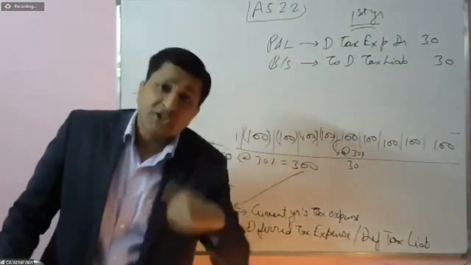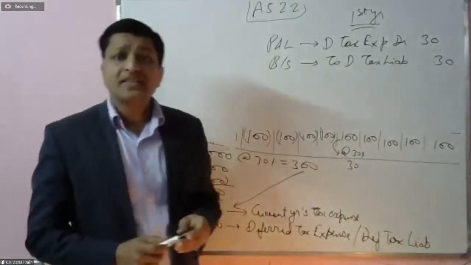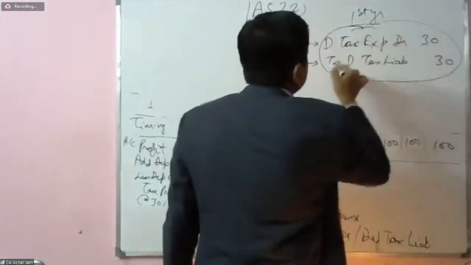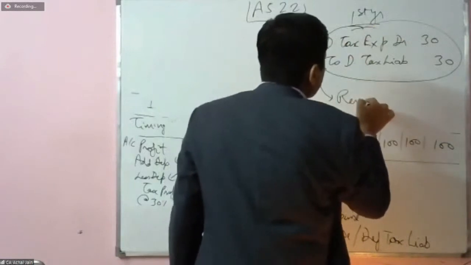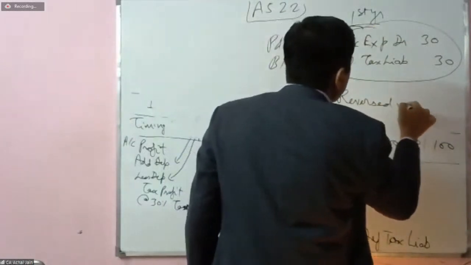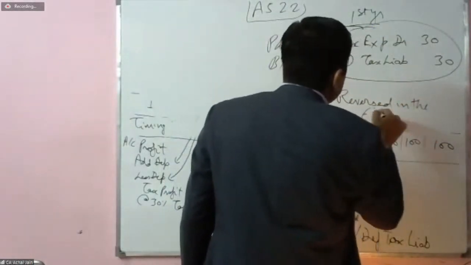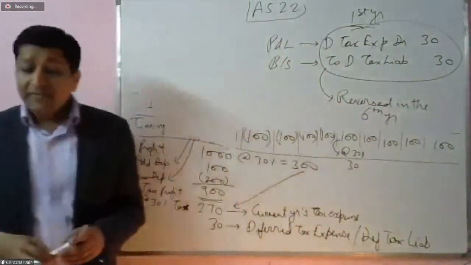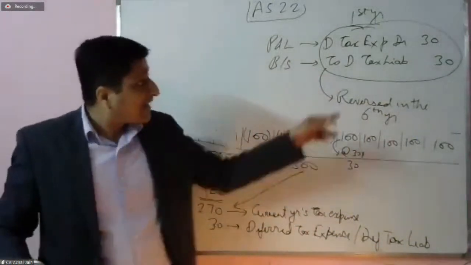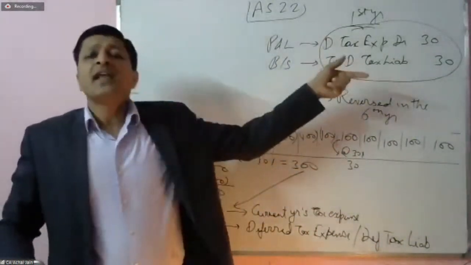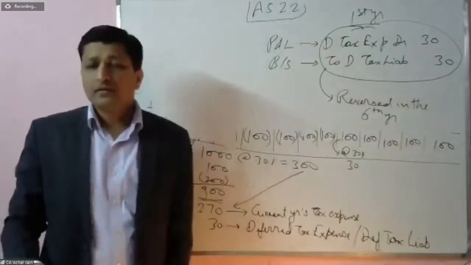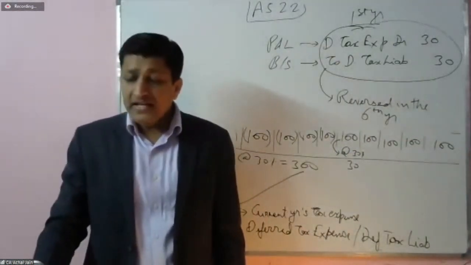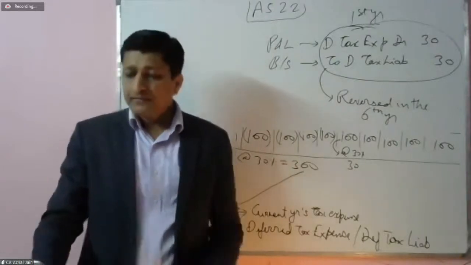So this will get reversed in the 6th year. And when this gets reversed, against this, actual tax liability will arise, which you will have to pay.